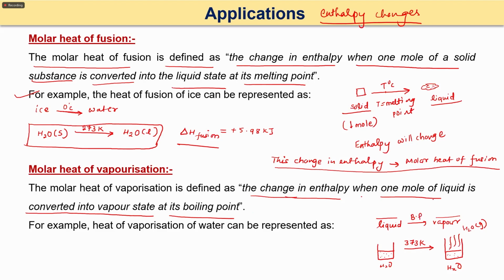This process, in which you are changing a substance from its liquid state to its vapor state, involves an enthalpy change. This enthalpy change is called the molar heat of vaporization.